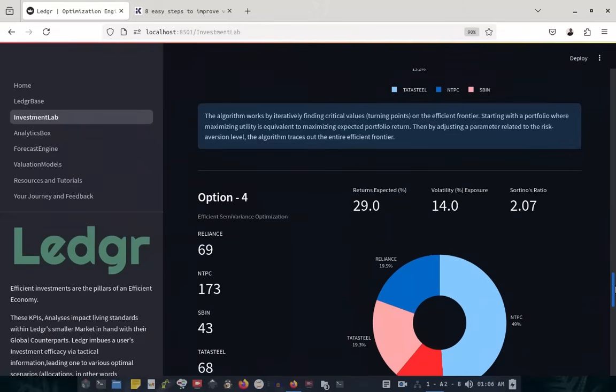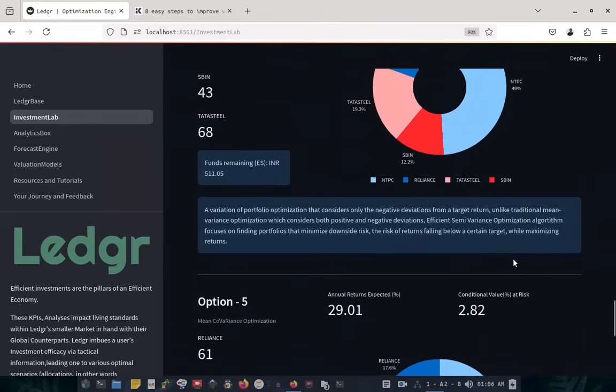It does the calculation via a similar ratio called the Sortino ratio, which it lists over here. As we know, for the Sharpe ratio, anything over 1 is positive, an investment which would result in positive returns. The same goes for the Sortino ratio.